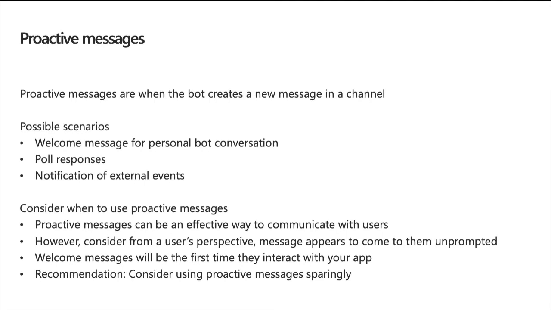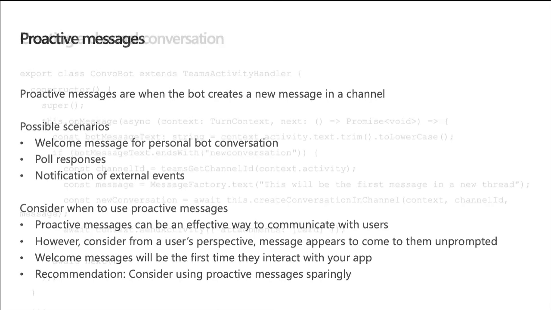Welcome messages will be the first time they've interacted with your app. You should consider using this functionality very sparingly. Provide them with enough information to let them understand why they're getting the message. Proactive messages generally fall into one of 2 categories, as I said earlier: notifications and welcome messages.